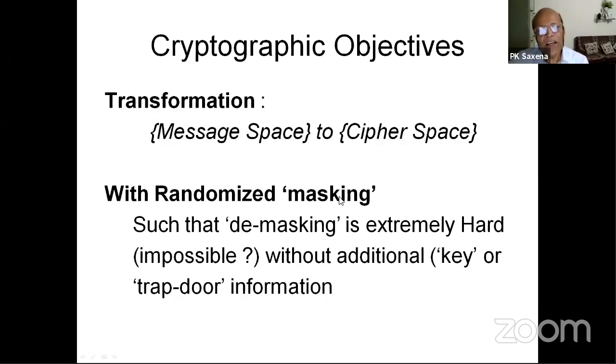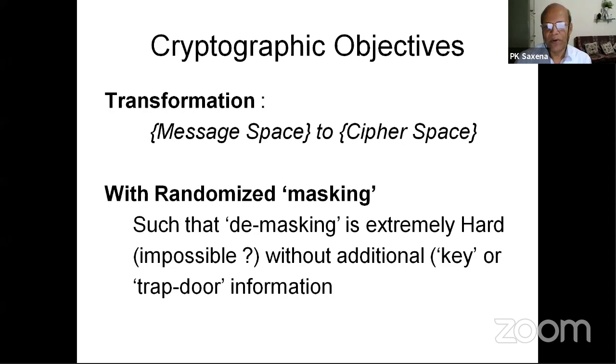It is a randomized masking, where demasking is extremely hard for people who don't have other information, but demasking should be easy for people who have additional information like a key or some other trapdoor information.